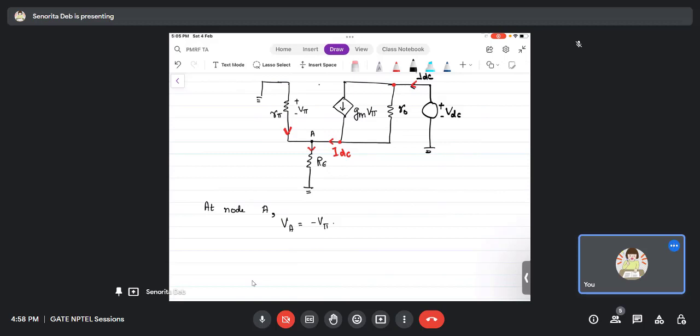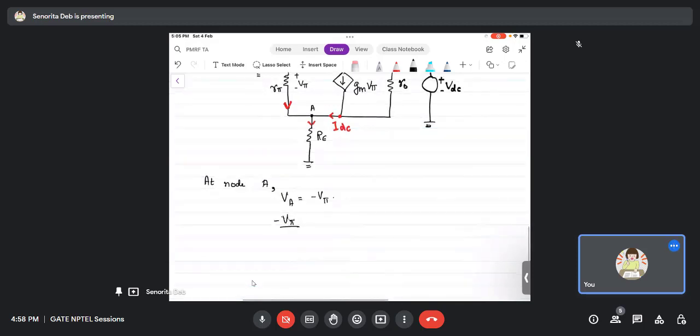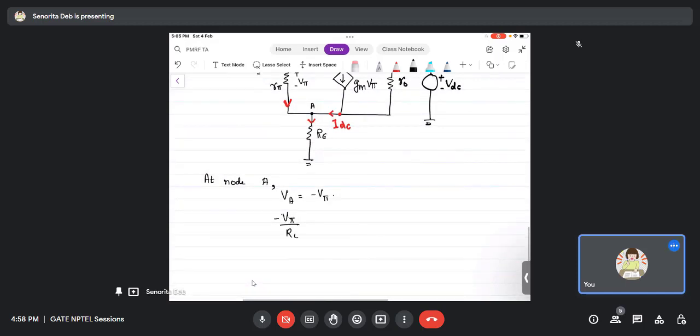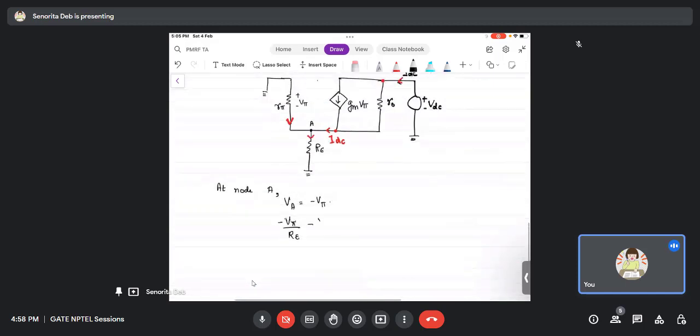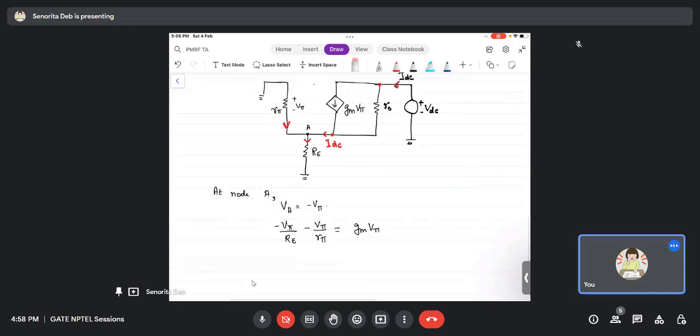Okay, so now I'm putting the KCL. Minus V pi upon RE, minus V pi upon R pi, these are all outward currents, equal to gm V pi. And if I take the inward current, sorry, this will be IDC equal to IDC.